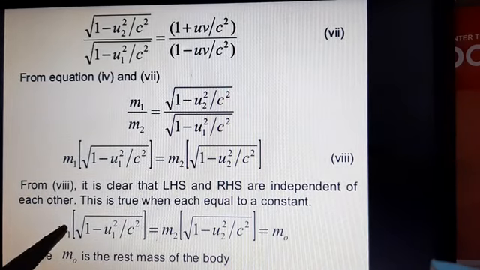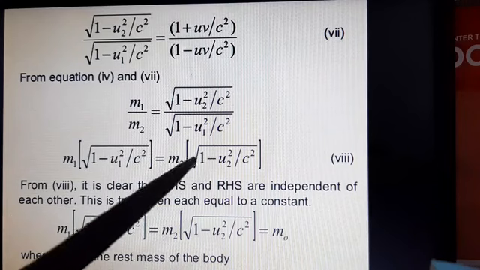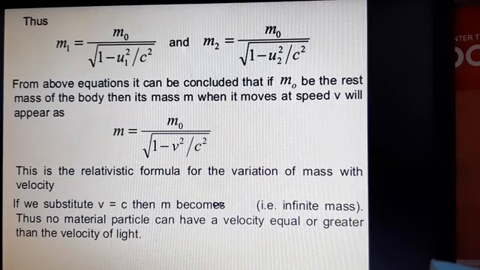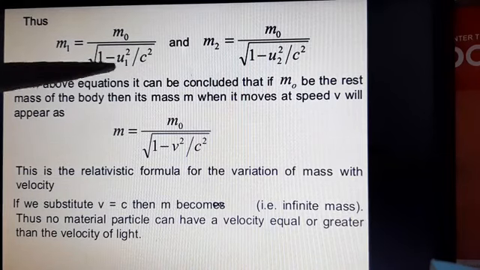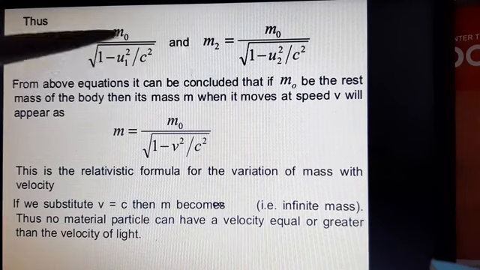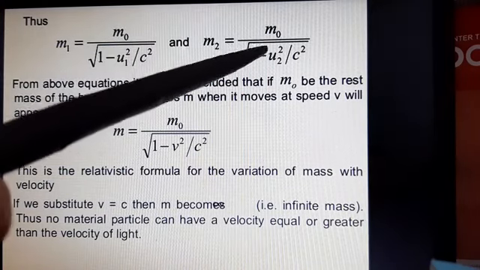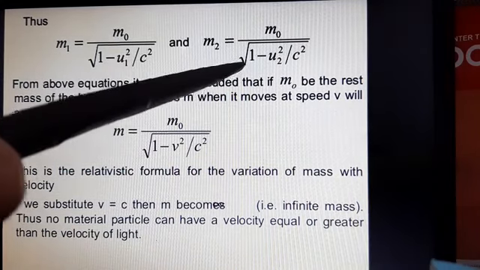So the left side is equal to the right hand side, equal to a constant. That constant is m0, let it be assumed. m0 is the rest mass of the body. Thus m1 is equal to m0 upon the square root of 1 minus u1 square upon c square, and m2 is equal to m0 upon the square root of 1 minus u2 square upon c square.